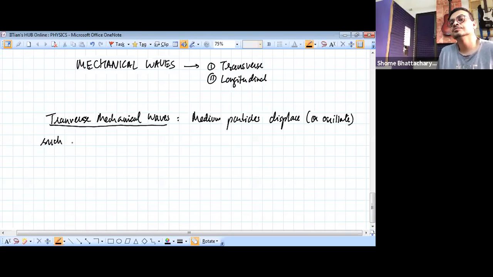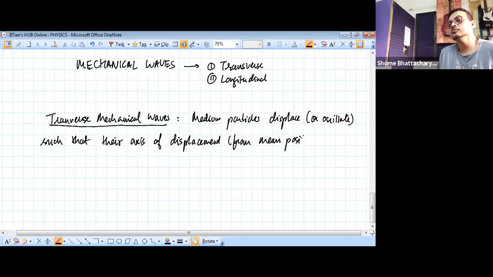such that their axis of displacement or the axis of movement from mean position is perpendicular, or what in the language of waves we call transverse, with respect to the axis of energy propagation.